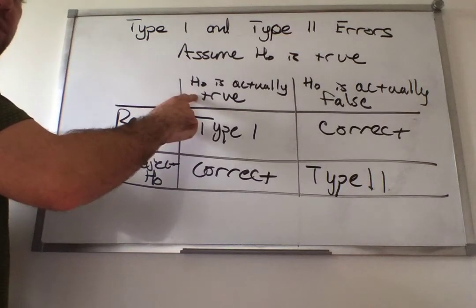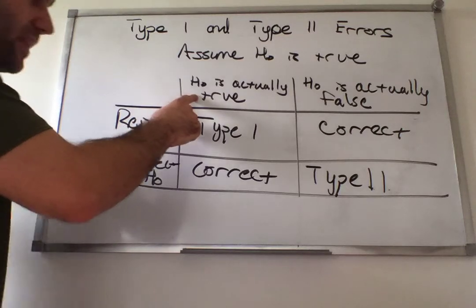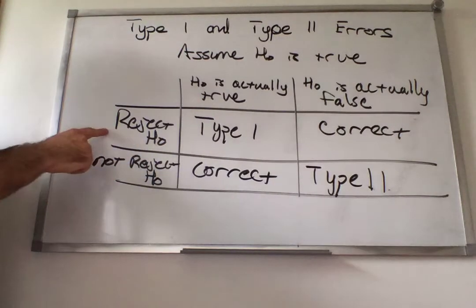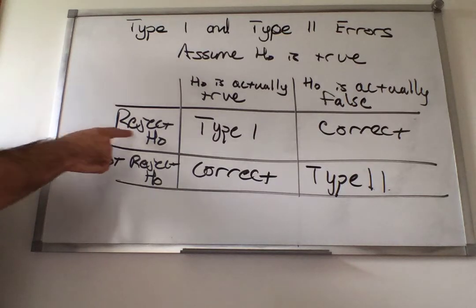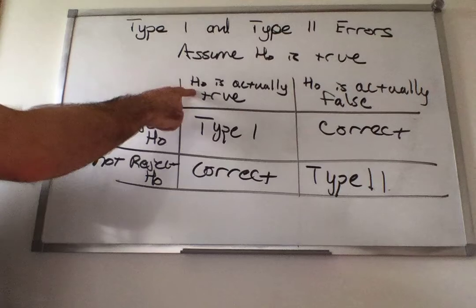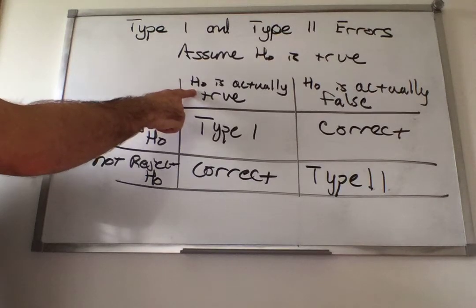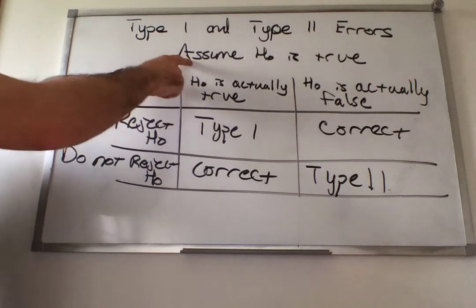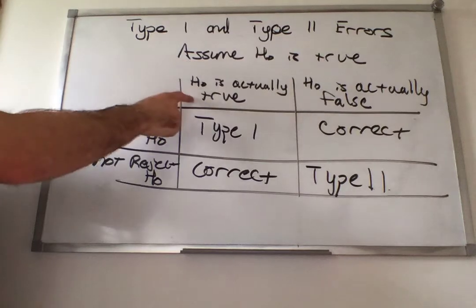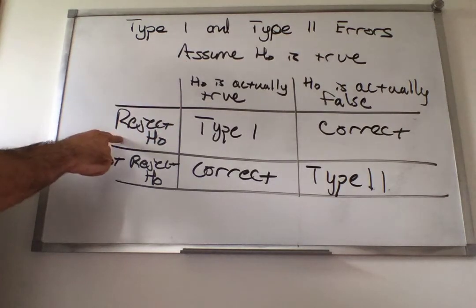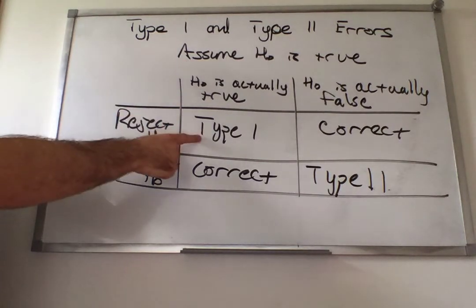But then we do our hypothesis test, we get our numbers, and for whatever reason, we reject the null hypothesis. Okay? Well, why should we reject the null hypothesis if it's actually true? Remember, we don't know if it's actually true. We're just assuming it to be true. But if it is actually true and we reject it, we made a type 1 error.